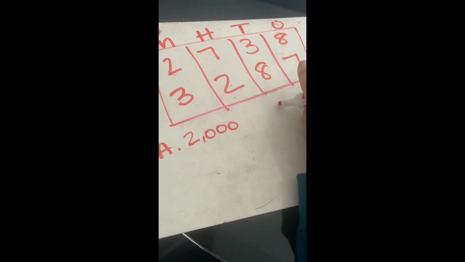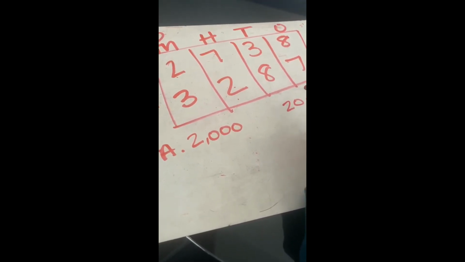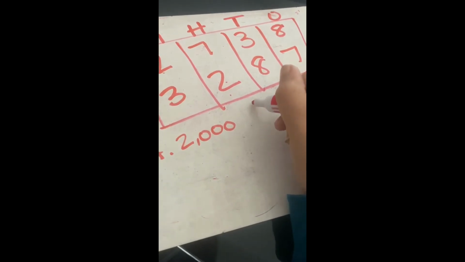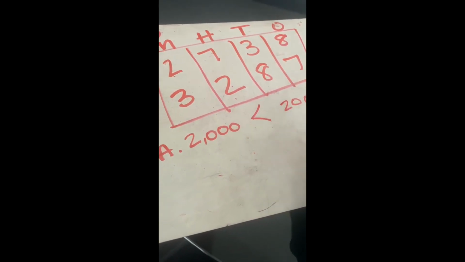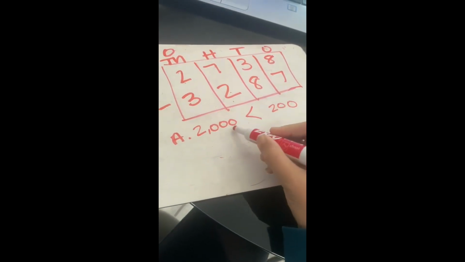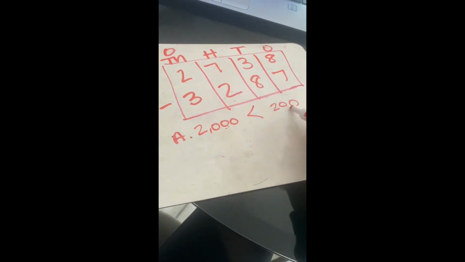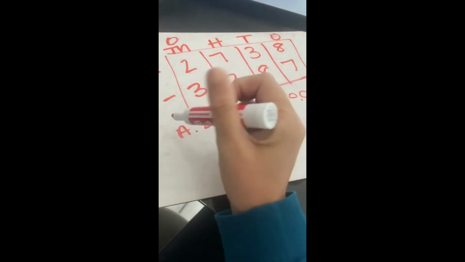The value of the 2 in the 4th grade number is 2 in the hundreds, so it's 200. And it says the 2 in the 3rd grade value is less than the 2 in the 4th grade value. Is 2,000 less than 200? No.